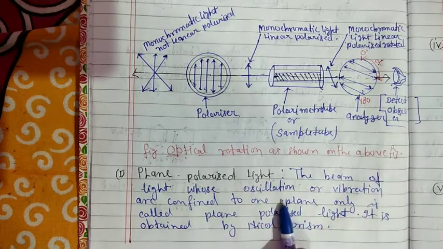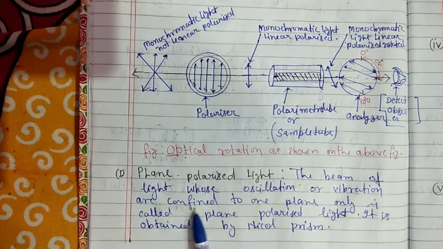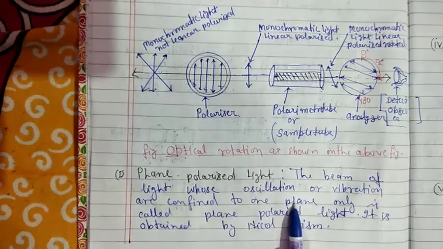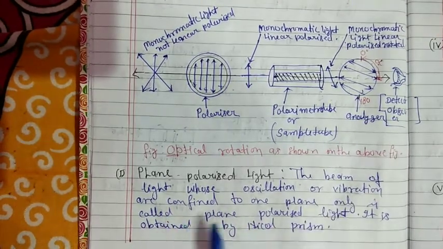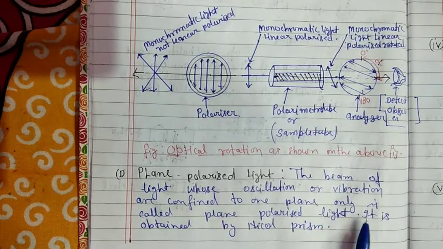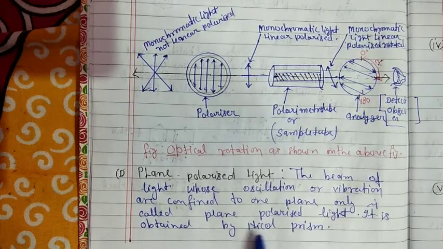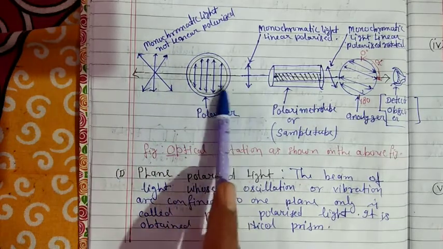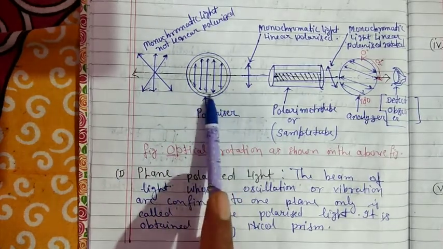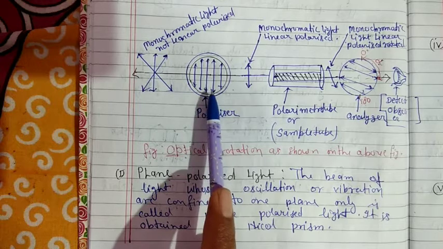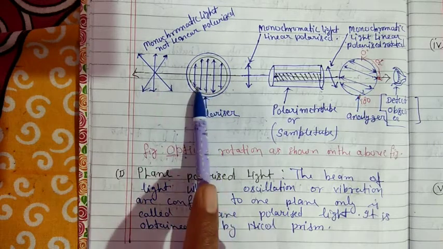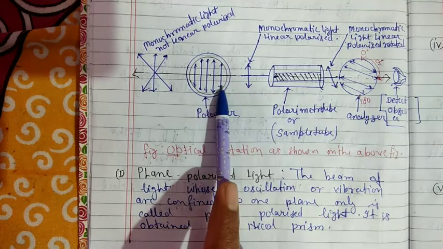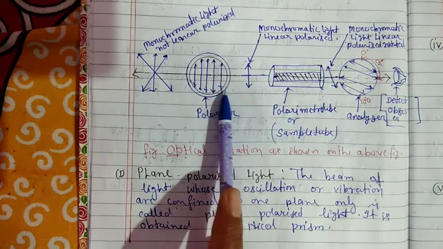So the oscillations or vibrations confined to one plane only is called plane polarized light. It is obtained by a Nicol prism. The Nicol prism takes in the light and converts it to only one plane, called plane polarized light.